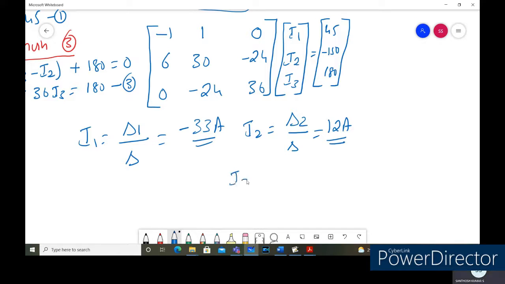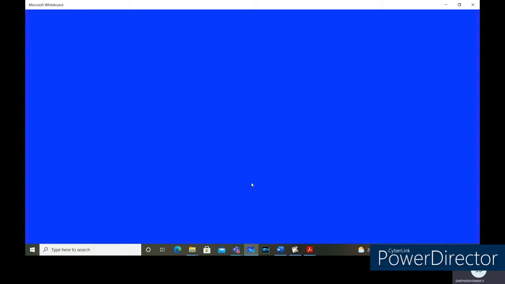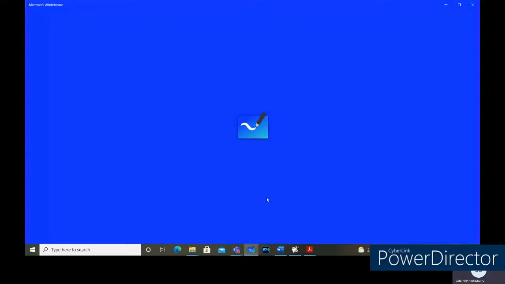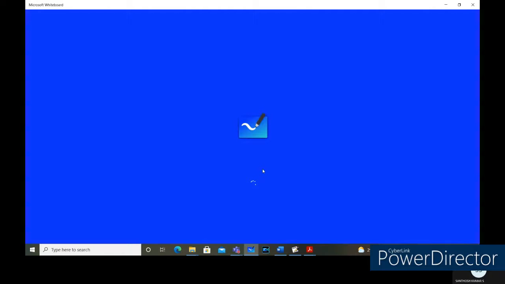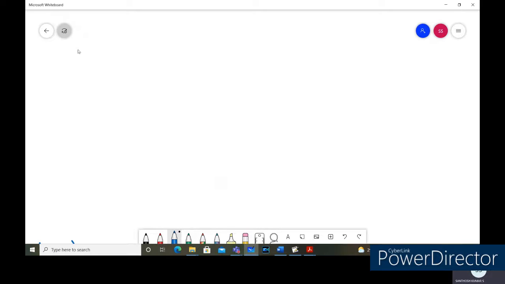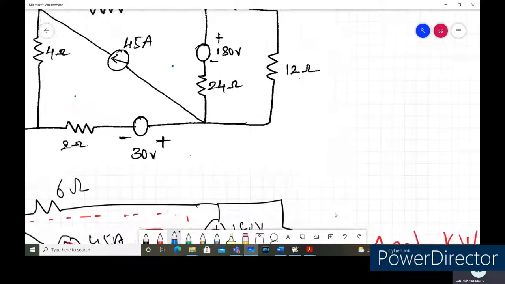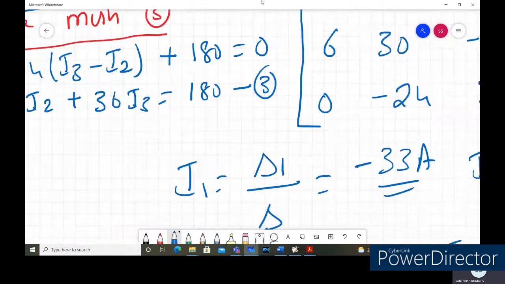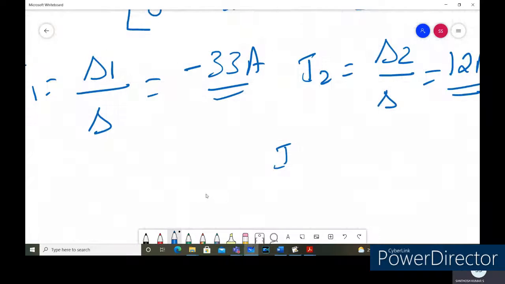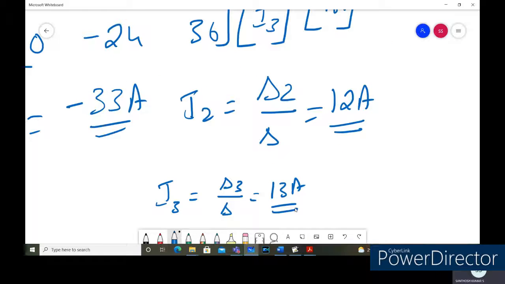For I3, it is delta 3 divided by delta, so the value for I3 is 1.3 amperes. So this is how we got the values.